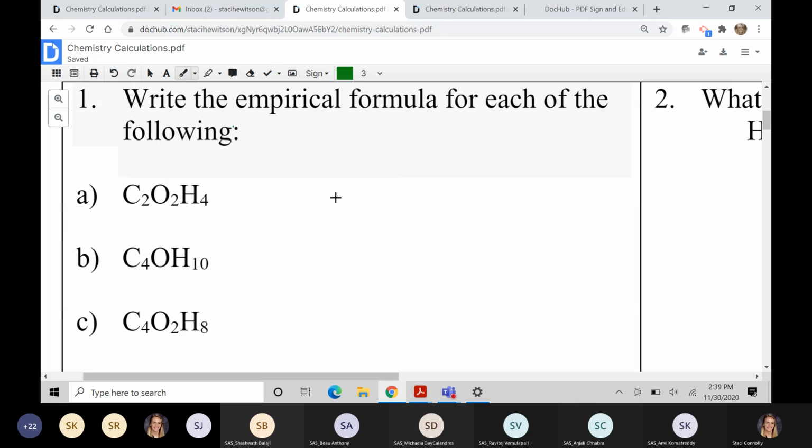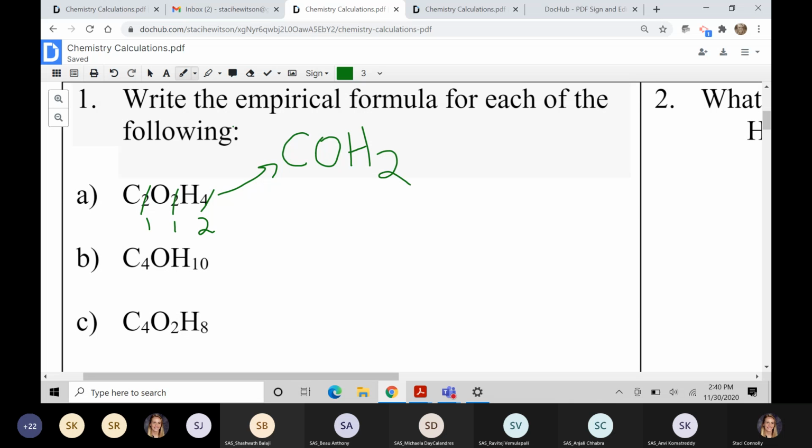So Ariana, what is something I can divide all of these numbers by? 2. Perfect, I'm going to divide them all by 2. When I divide 2 by 2, I get 1, I get 1, I get 2. So let's write it as COH2.